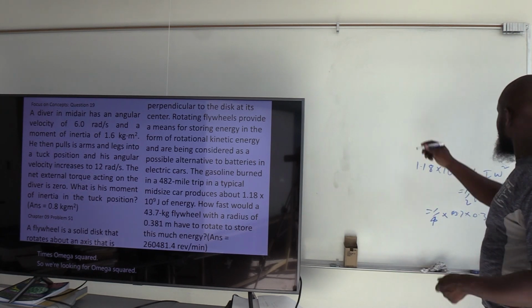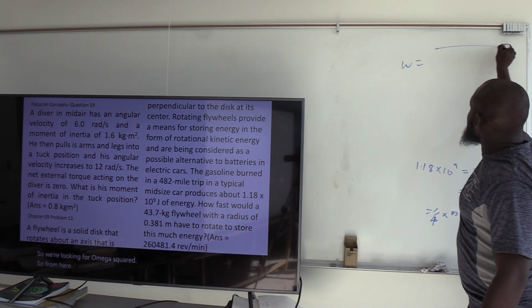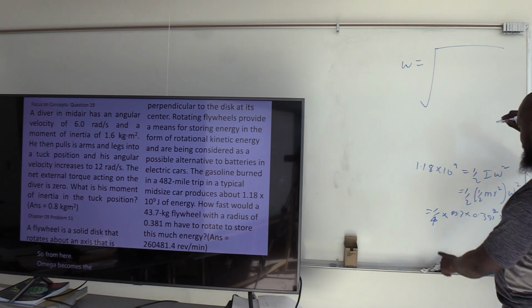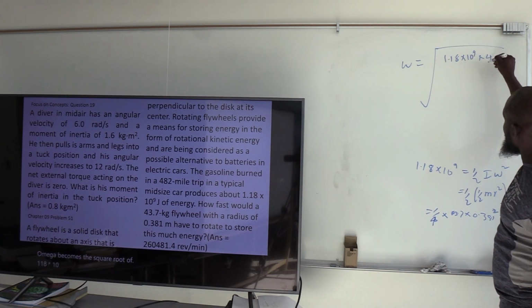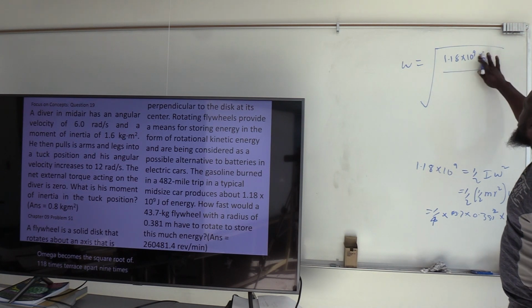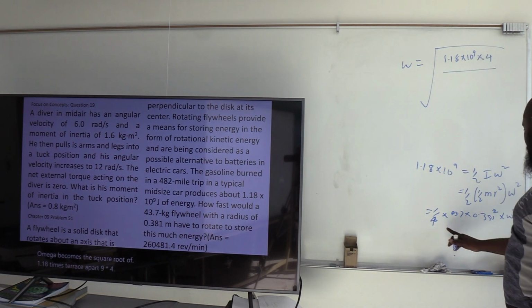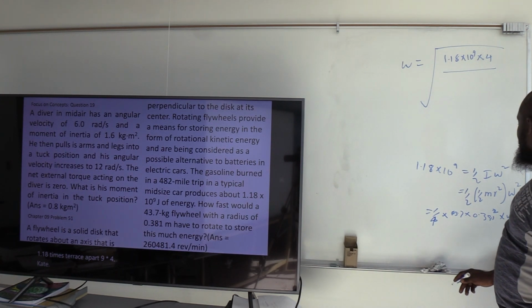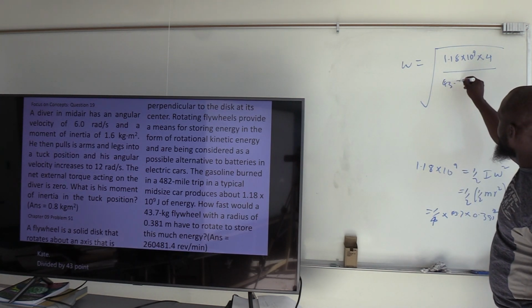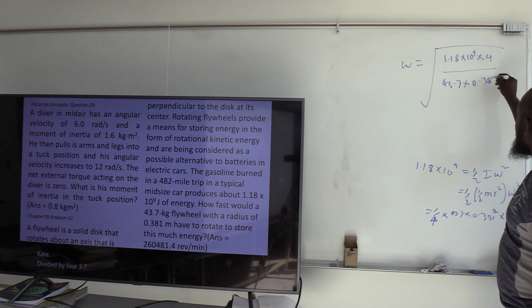So from here, omega becomes the square root of 1.18 times 10 raised to the power 9 times 4, divided by 43.7 times 0.381 squared.